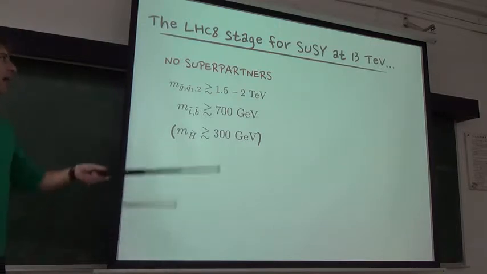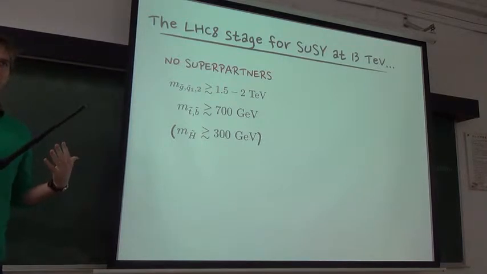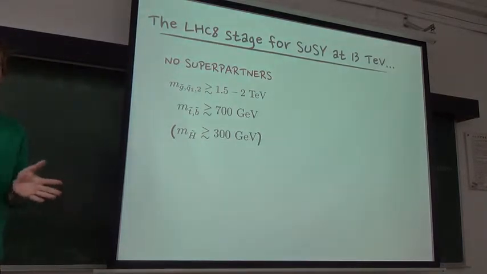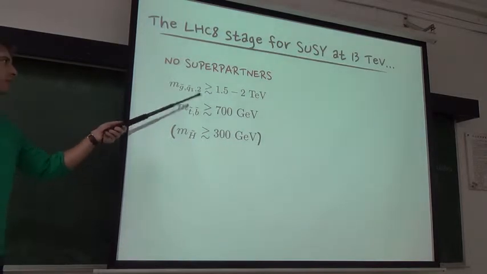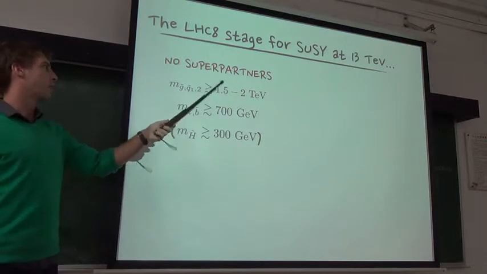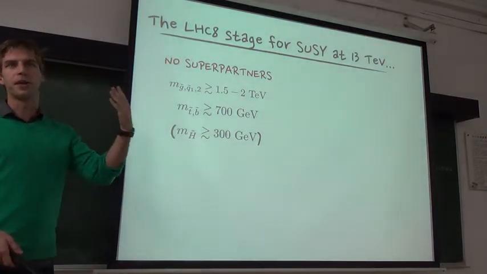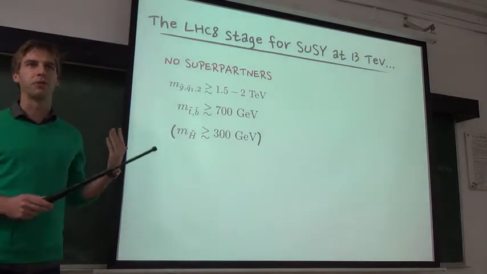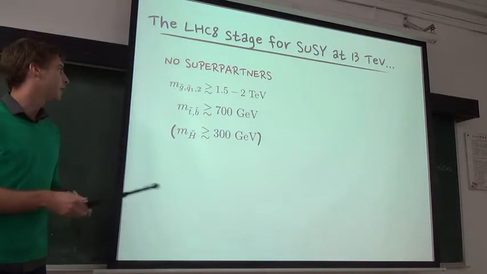So if you have this generic scenario where you're producing colored particles dominantly and they decay to final states with invisible energy, then the limits on these particles are around 1.5 to 2 TeV for their masses, for the first and second generation squarks and for the gluino. And if their masses are greater than that, then it just means we wouldn't have produced enough of them to have been able to see them in the searches that we did over the background.